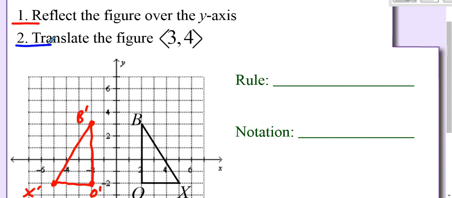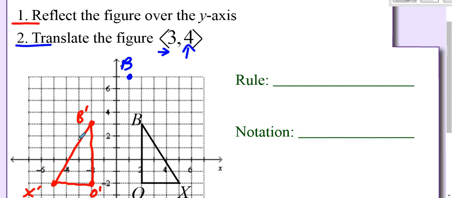Now you can translate it by 3, 4. Remember the first number tells you right or left, positive is right. The second number tells you up and down, positive is up. So we're going to take each point and go right 3, up 4. 1, 2, 3. 1, 2, 3, 4.